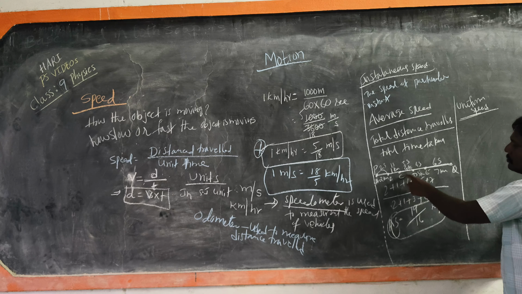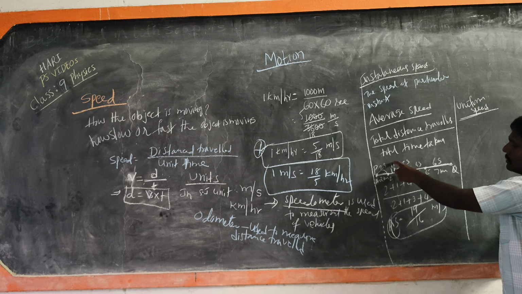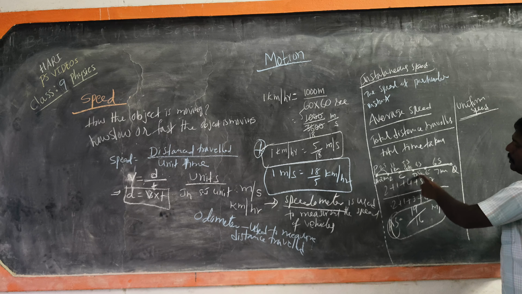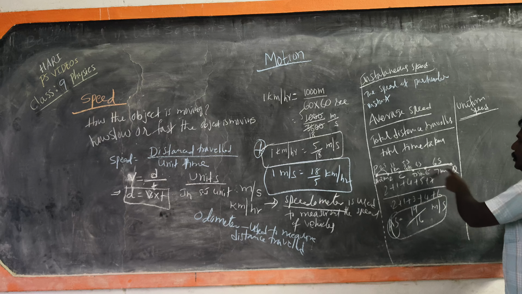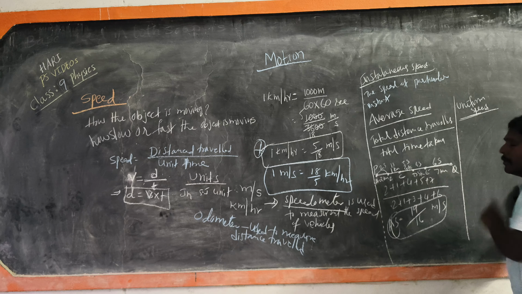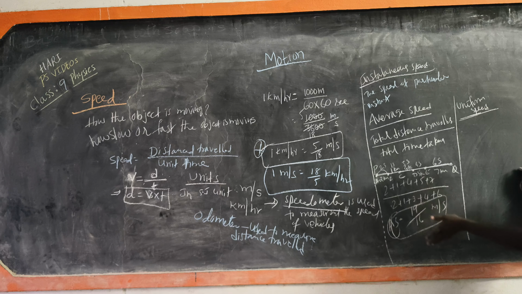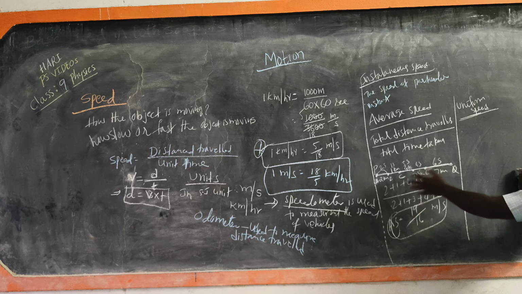Then B to C is 1 kilometer, 1 second. C to D is 3 seconds, 4 kilometers. D to E is 4 seconds, 5 kilometers. Then E to Q is 6 seconds, 7 kilometers. So this is non-uniform; the object is not in uniform motion.